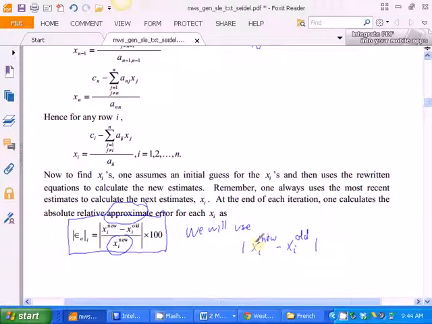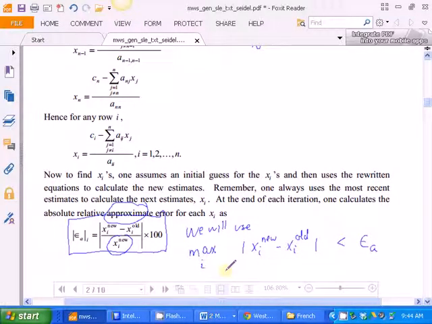Now this is not the actual error, this is the approximate error. And I want to make sure that all of my x's are fairly accurate, so I'm going to take the maximum over i of all of these differences between my new estimate and my old estimate. And if that's less than my error tolerance, then that will be my stopping criterion.